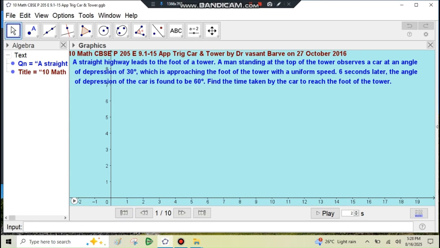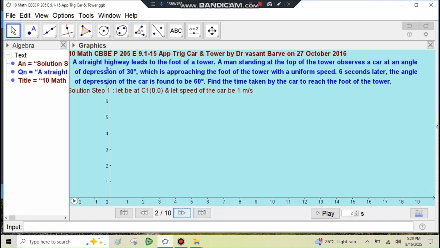Angle of depression, that is from the horizontal line from the point of observation. Initially, the depression angle is 30 degrees. As car comes nearer and nearer, the angle of depression will keep on increasing and finally it will become 90 degrees. Okay, so let us see how we tackle this problem.